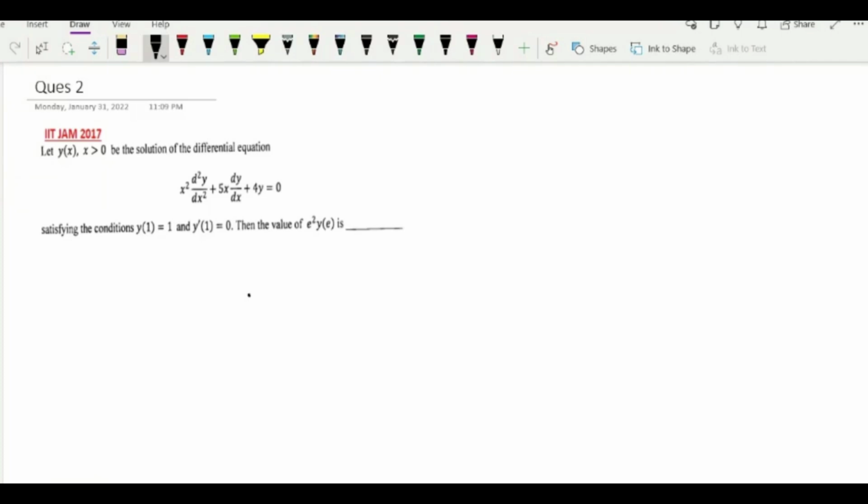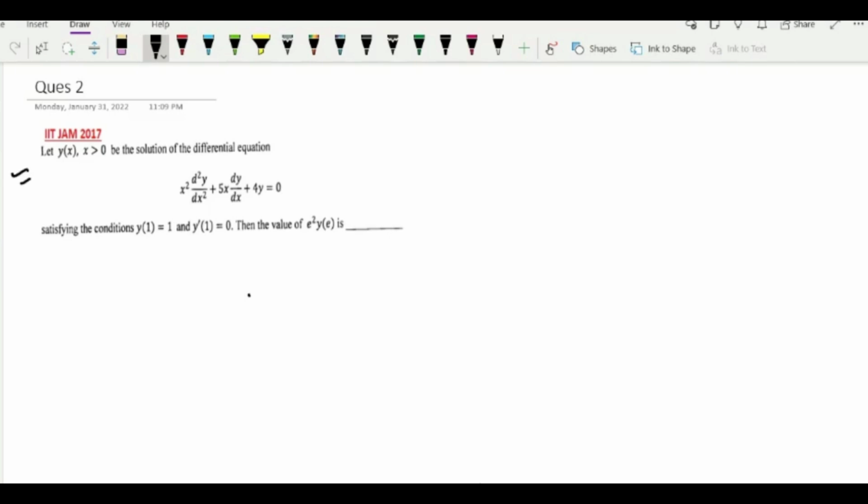We have multiple choice questions, but they have only one option of this type. Other options are based on Wronskian or continuity, like this. So in this topic, we have single answer type or numerical answer type questions. So let's have another question.